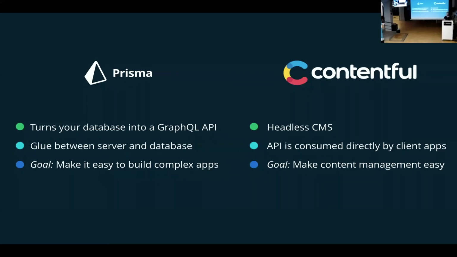With Contentful, where it's all about content management and making content management easy for content creators and for developers, we have kind of not the same goal, which is why these two tools go really well together, actually.